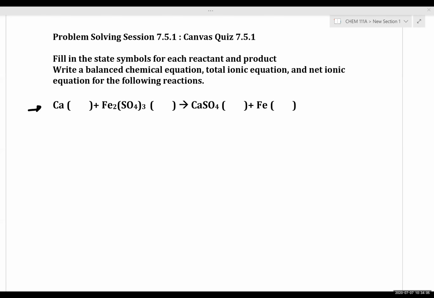That's true for all metals. 1A and 2A cations, the ions are soluble, and ionic compounds containing 1A and 2A metals are generally soluble, but the pure element is typically not soluble in water. Does that make sense?